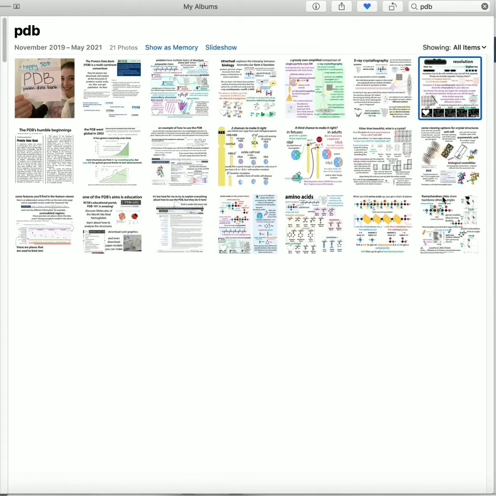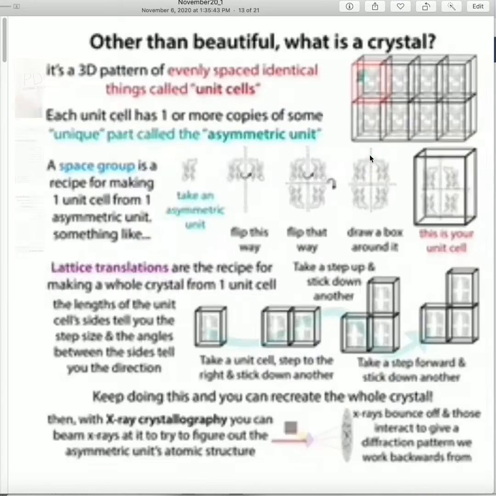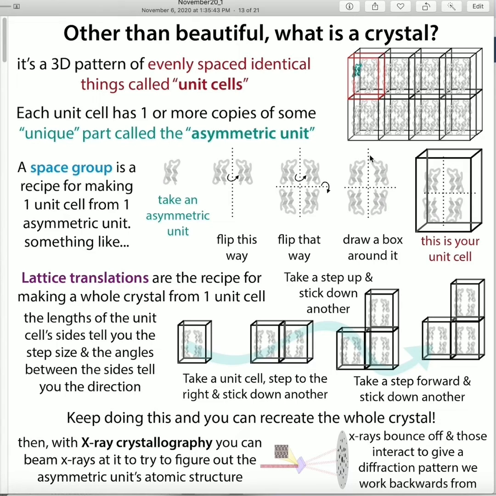So let me go back for a minute to when I was talking about what a crystal is. When we talked about the crystal being this repeating pattern of brick sort of things, those brick sort of things would be your unit cells.